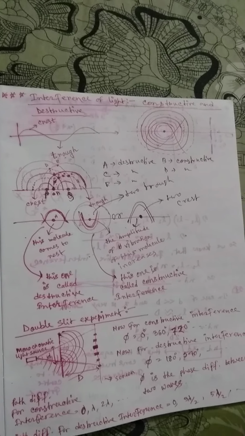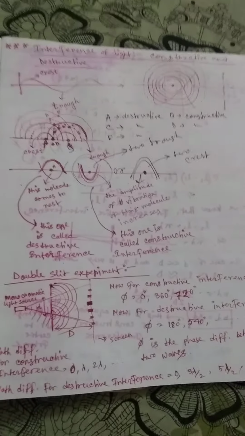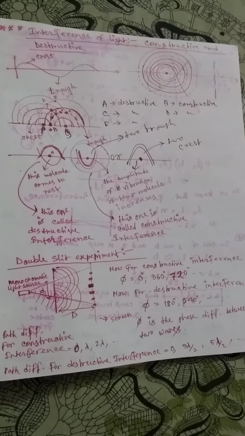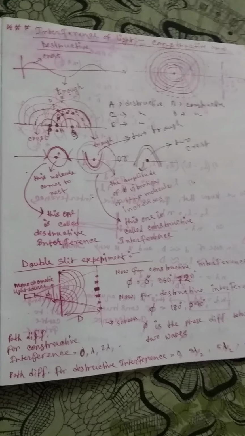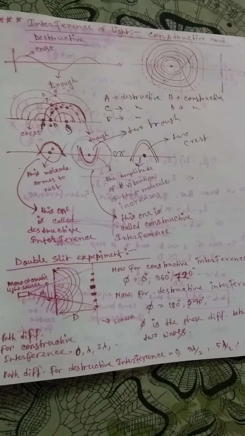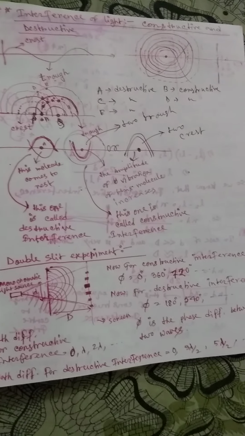Okay. Now I will discuss the double slit experiment. In the double slit experiment we can observe an interference pattern. Interference means if we take two sources, then we will observe an interference pattern.